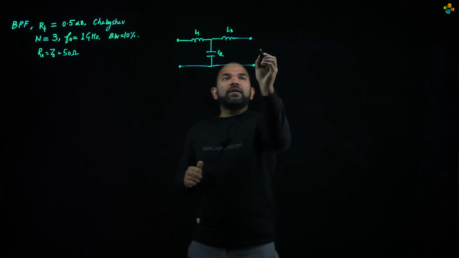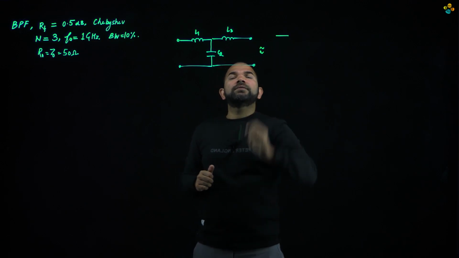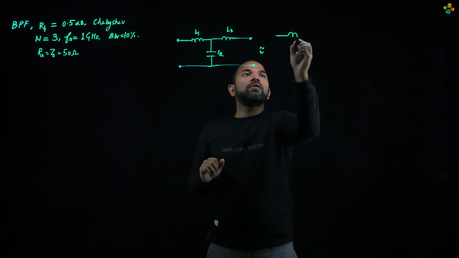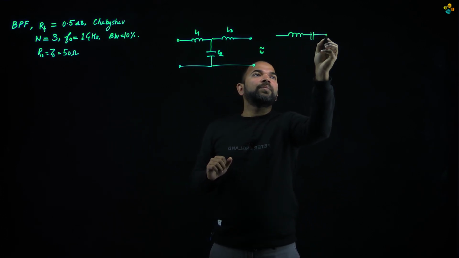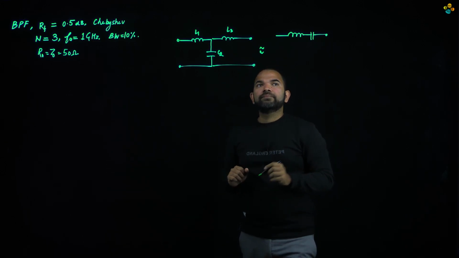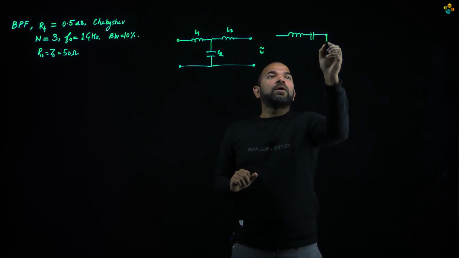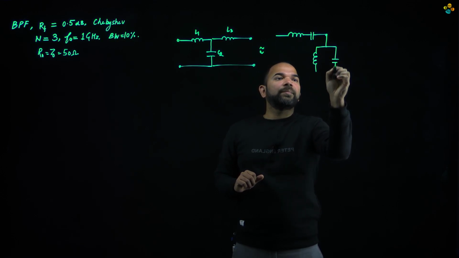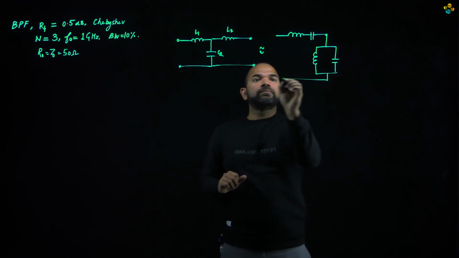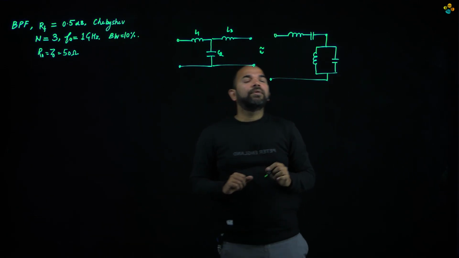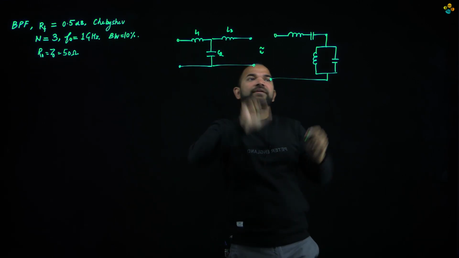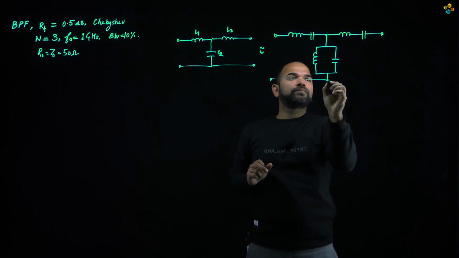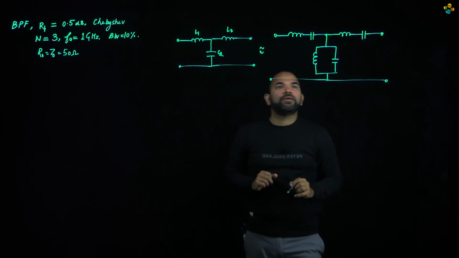We have seen that the transformation is equivalent to replacing the series inductor with a combination of series inductor and capacitor. The parallel capacitor is replaced with a combination of parallel inductor and parallel capacitor. Similarly, the series inductor is again replaced with a series inductor and capacitor.